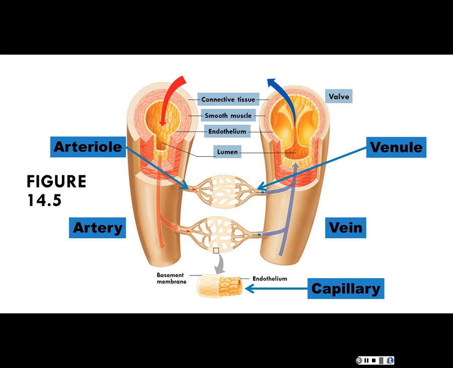Why might we need smooth muscles? To squeeze it down, to squeeze or even relax. Okay, so squeezing would be contraction, and relaxation. And so we can change the what?